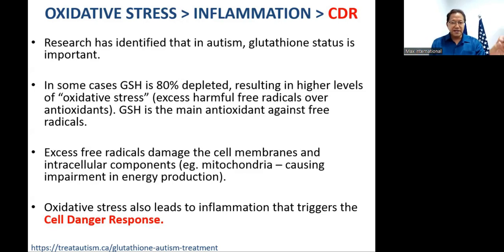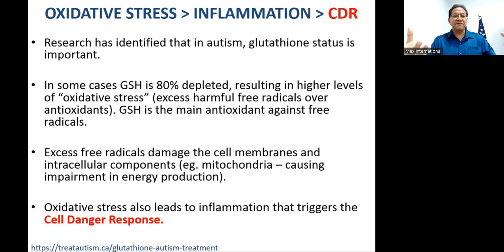So oxidative stress leads to inflammation that triggers this cell danger response. So the cell now goes into panic mode. Even animals, when the conditions are tough, you go into survival mode. Okay, but you slow down. They go to hibernation. They slow down. Same thing.